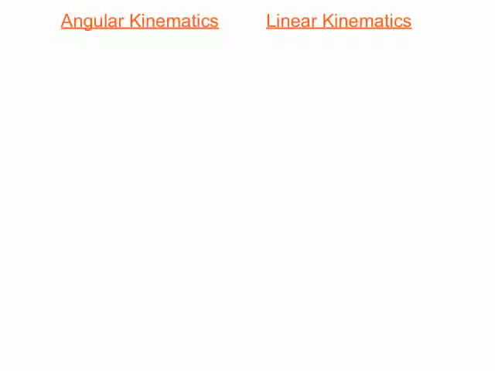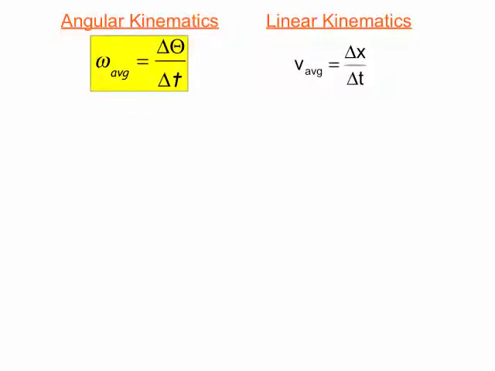Let's do some comparison of what we've had so far with our angular velocity and angular motion equations. In linear, one-dimensional motion, average velocity is displacement over time. In angular, it's angular velocity, the angular displacement over time. In one-dimensional motion, average acceleration is velocity over time.